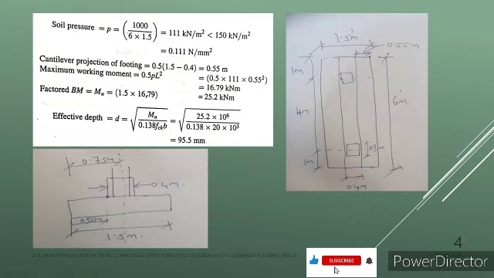Now how to calculate the bending moment for a cantilever beam? That is WL square divided by 2. So this is the formula, and here W is the soil pressure, or you can take it as P. So it is PL square by 2. The soil pressure is 111 into the distance is 0.55 square divided by 2, you will be having 16.79 kilonewton meter.